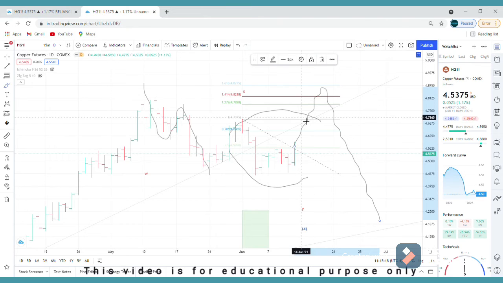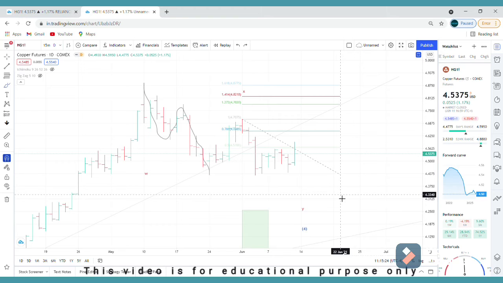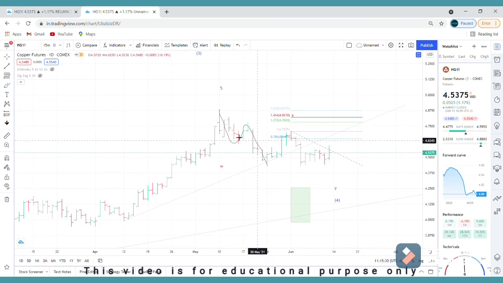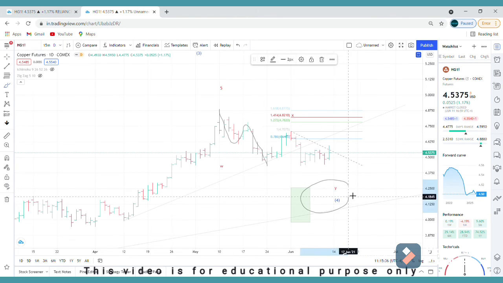But once this crosses, then this downfall criterion will get defeated, so we'll have to look at the wave count again. In the current scenario we can expect a downfall, and if we get this level, only then will we be entering. We'll not be chasing on the upside.